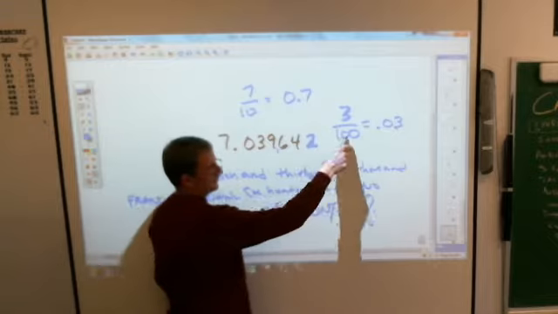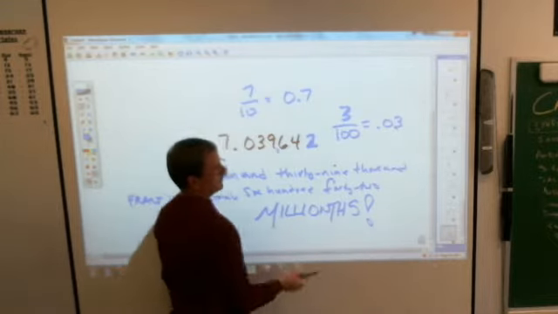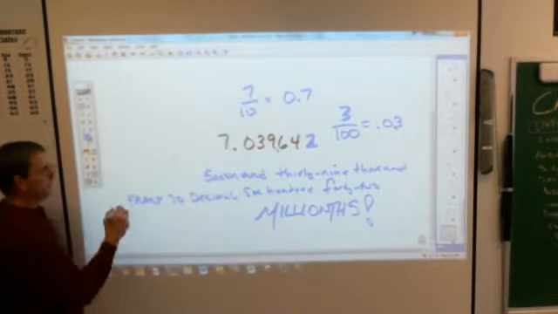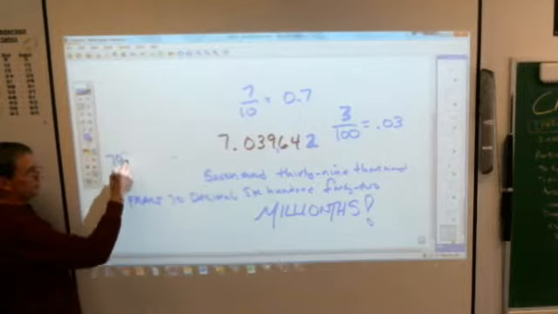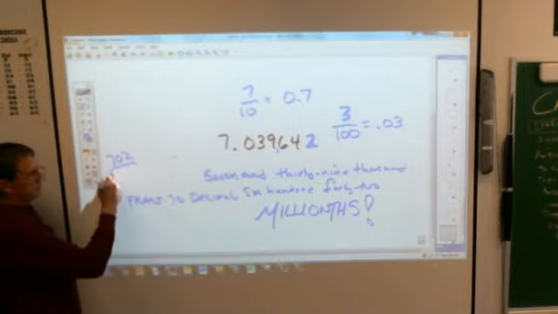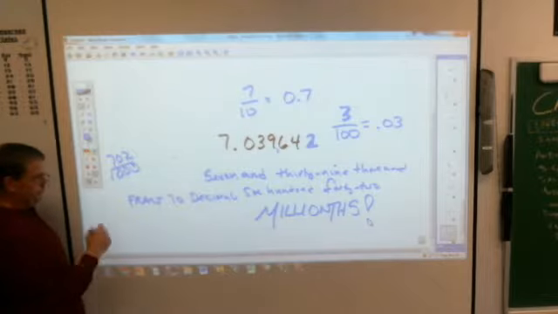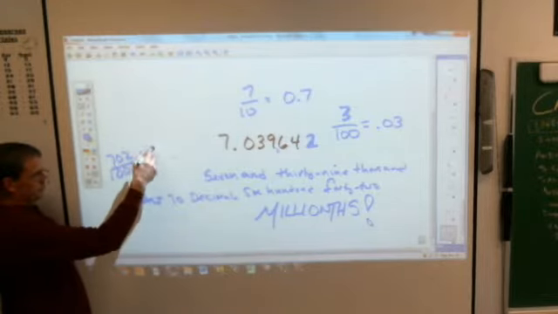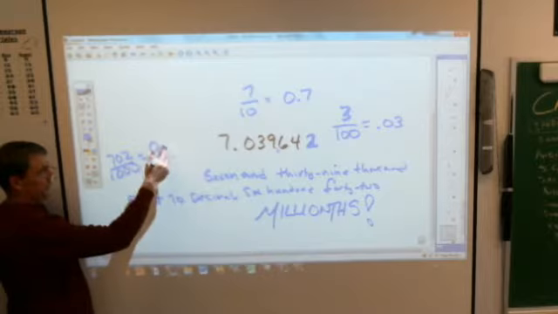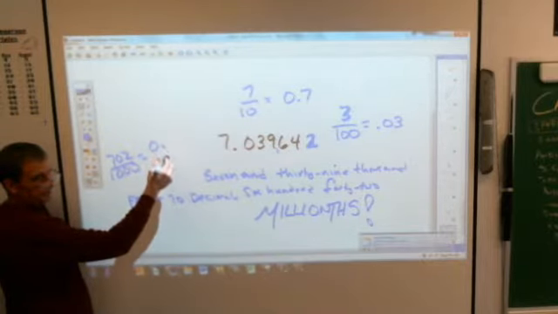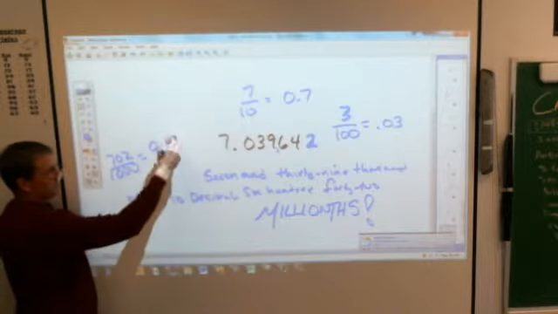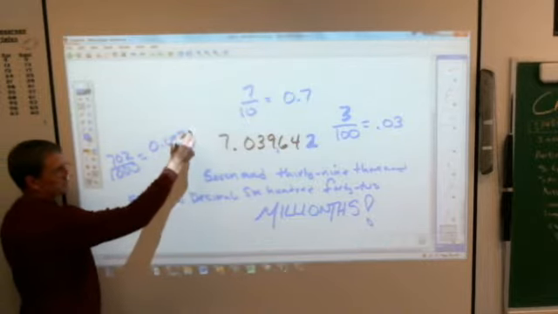Okay. Hundredths means that digit is in the hundredths place. One more. What about this? 702 thousandths. Frankie? 0.07? 0.7? What? 0.007? 0.00702?